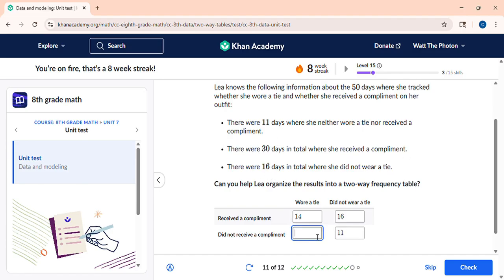And she did not receive a compliment. 50 days, so we're going to have the sum of 14, 16, and 11. So 19 days.